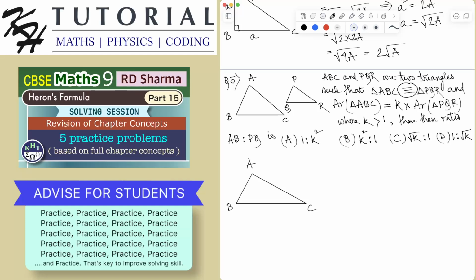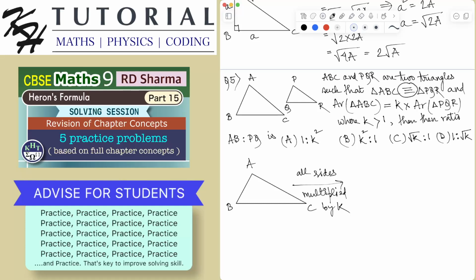If you enlarge this triangle, or let's say if you form a new triangle by multiplying the length of all the sides by some constant k, so all sides multiplied by k.